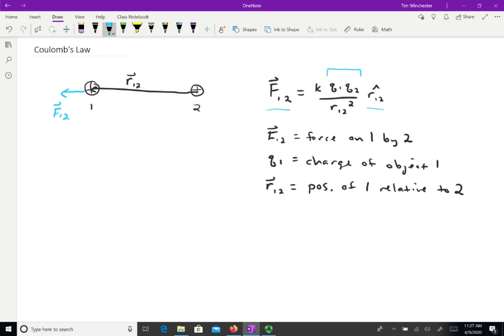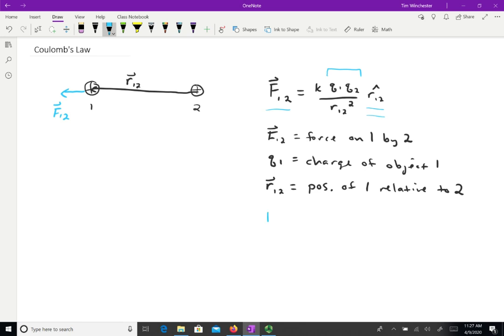So K is a constant we haven't talked about yet. The charges can be positive or negative. The distance is going to be positive. So the signs of the charges will determine whether this expression comes out positive or negative, and that will tell us then whether we get an expression that aligns with R12 or opposes R12.